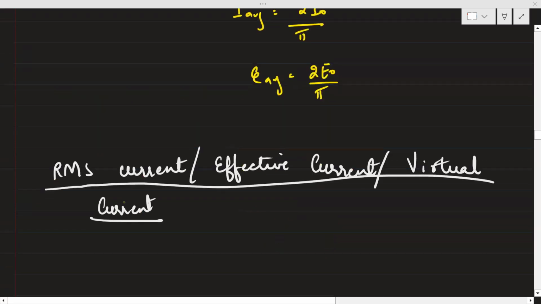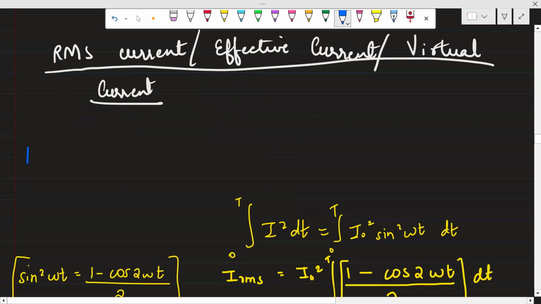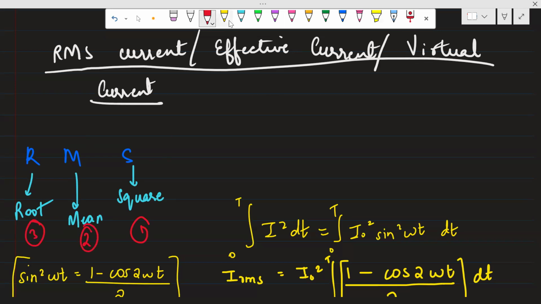Let's come to the next one, that is RMS current. RMS current basically means that R stands for root, M stands for mean, S stands for square. Now the name is RMS, but the order is first it is squared, then the mean is taken, and then the root value.